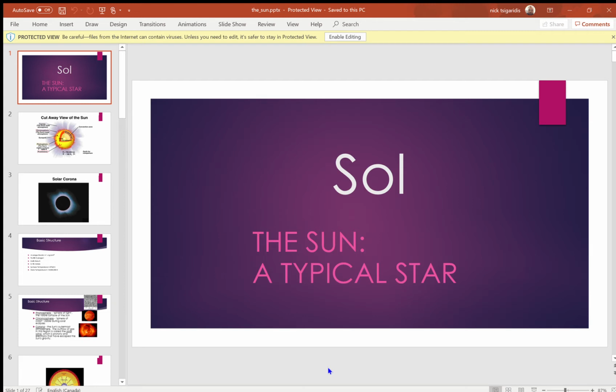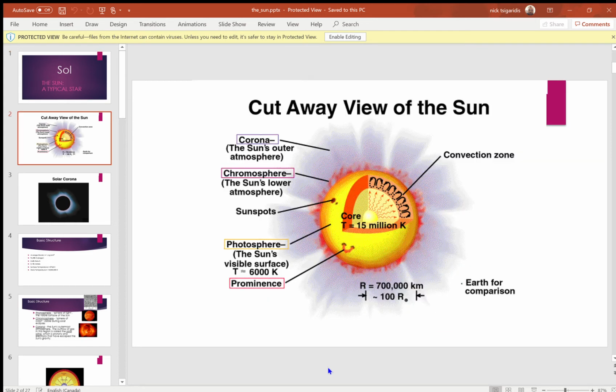So we're just going to pick up where we left off. We left off talking about the sun, which is a very typical star. This slide shows the basic structure of the sun. The outer region, which is not typically visible to us on Earth, is called the corona.